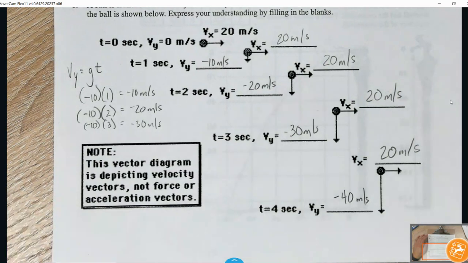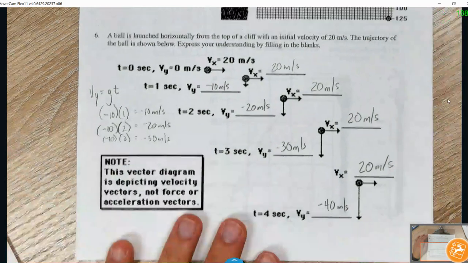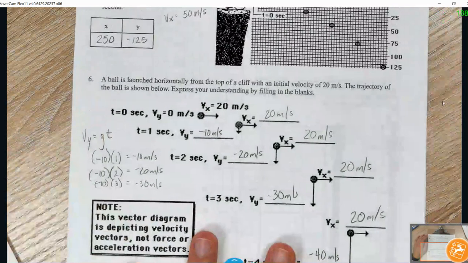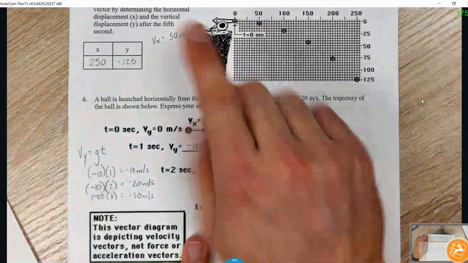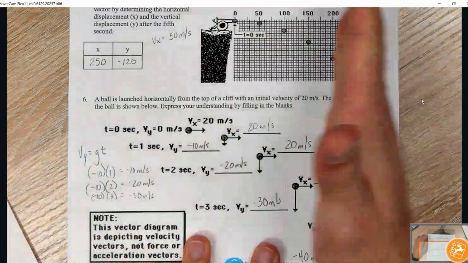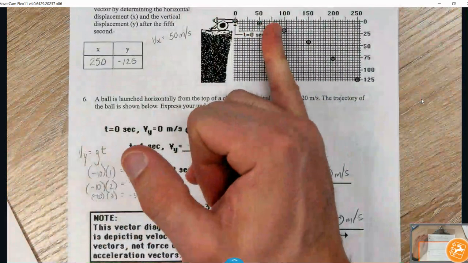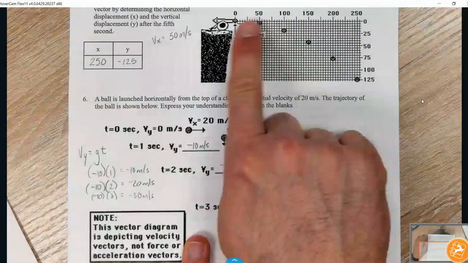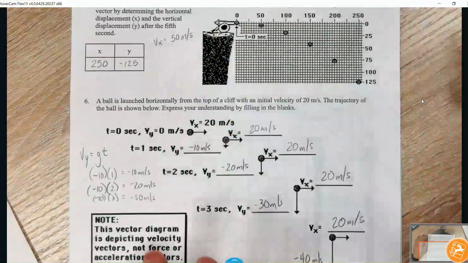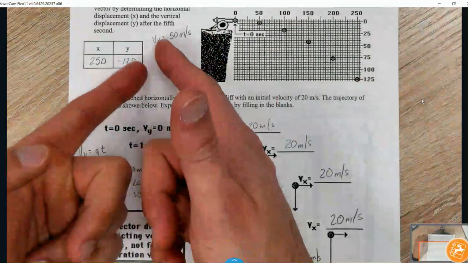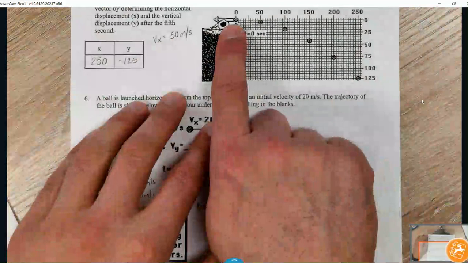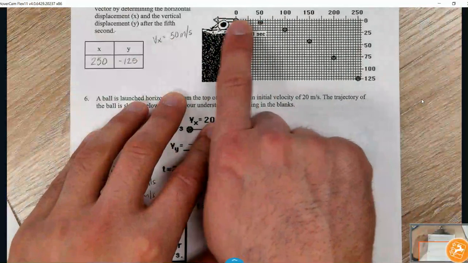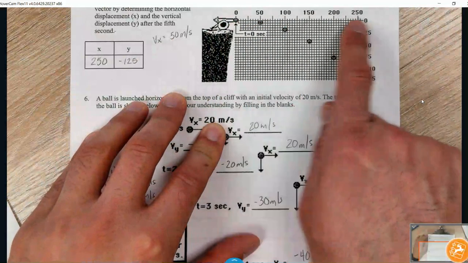All right, the reason I wanted to show this is because visually, your distance stays constant in the x direction because every second you're going to move the same amount. In this case, if I'm moving 50 meters per second, then every second I should be moved over 50 meters.